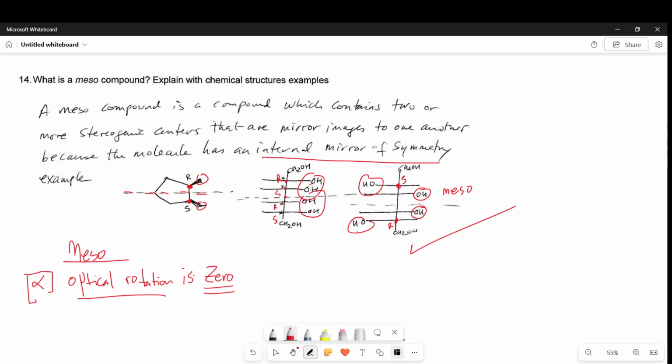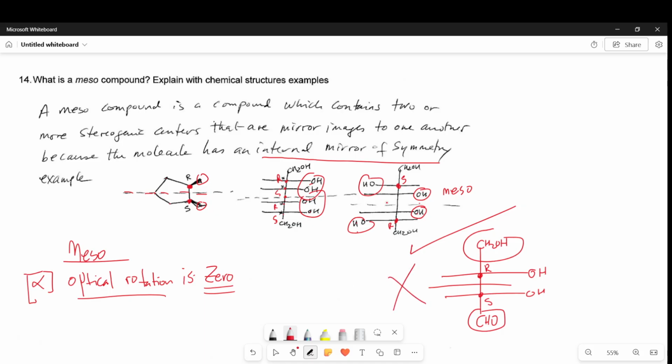For example, if you have this group, CH2OH, and CHO, and if I have OH and OH, and let's say this is R, this is S, yes, the stereocenters are mirror images, R and S, but the groups are not the same. Here you have CHO, aldehyde, here you have alcohol. So this is not a meso compound.